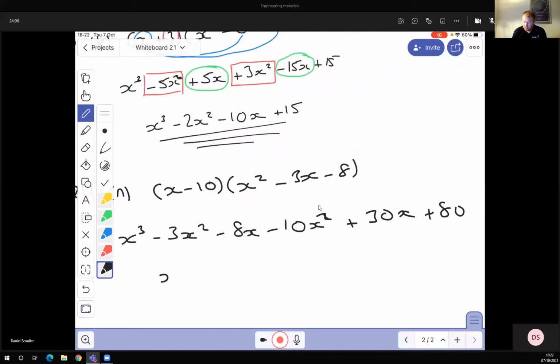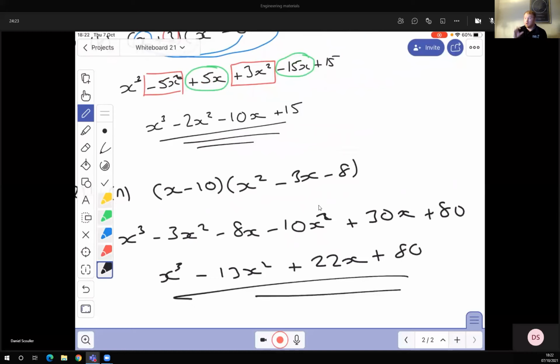Collecting those terms together, x cubed minus 3x squared minus 10x squared is minus 13x squared. Again, it's the same process, just be careful with those symbols. All those negatives, we're creating positives out of them.